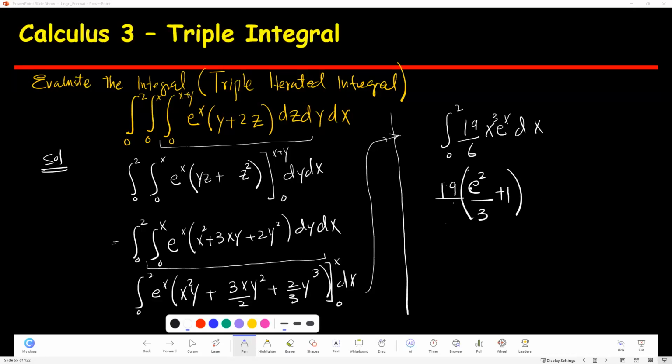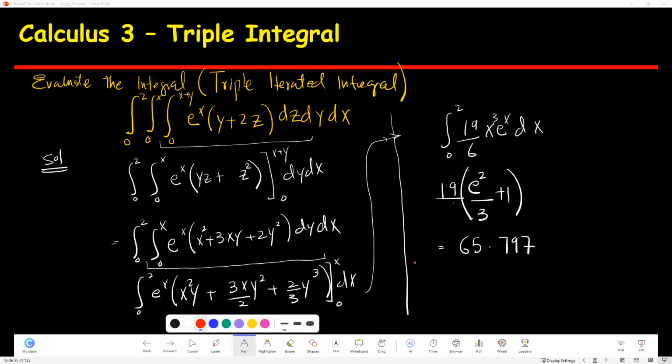If I put this in your calculator for the exponential squared, it's going to give you some value, and you're going to divide by 3 plus 1 times 19. So the answer would be 65.797. And that is my answer.